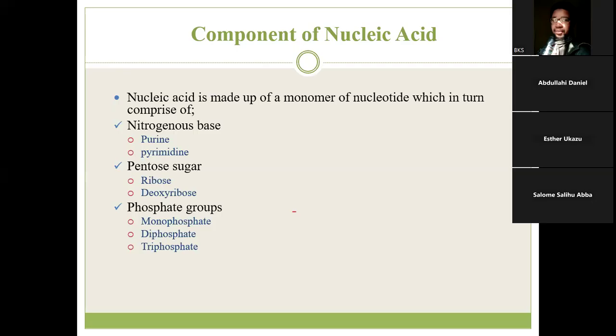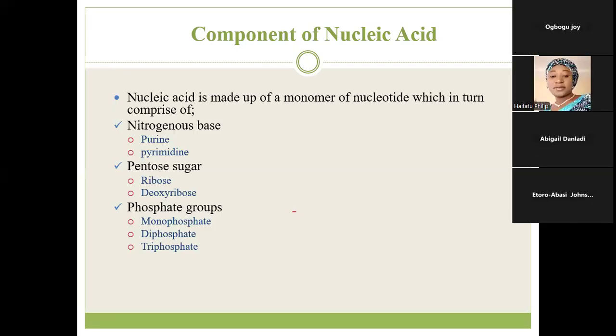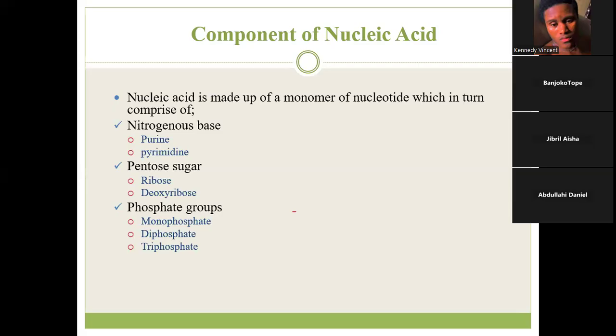Esther. Salome. Joy. Abigail. So I think we have a simple sugar and a complex sugar. I don't know if I'm right. Yes. So tell me one simple sugar. Simple sugar, we have maltose, sucrase, and I don't know. Okay, you said it and you're saying you don't know.